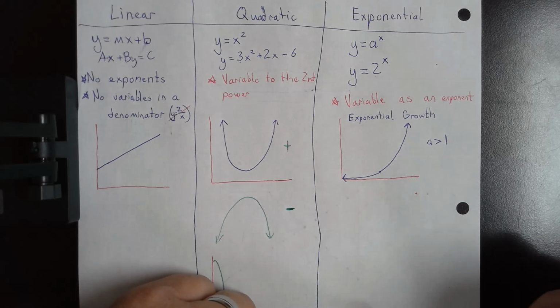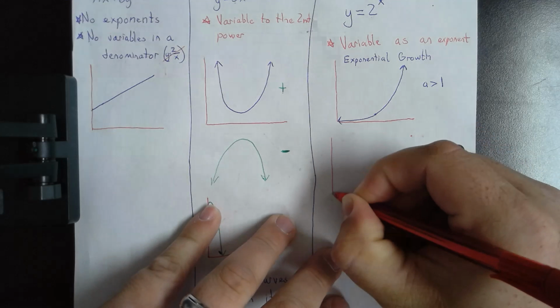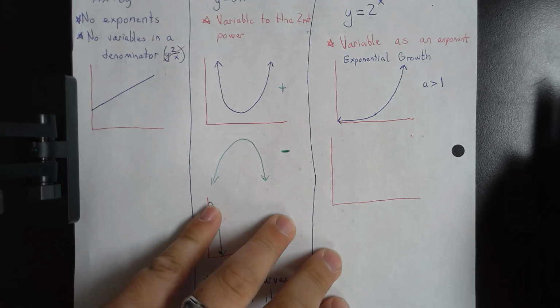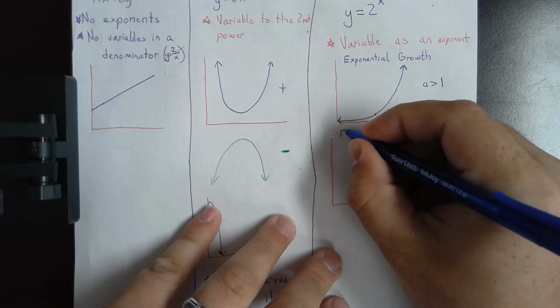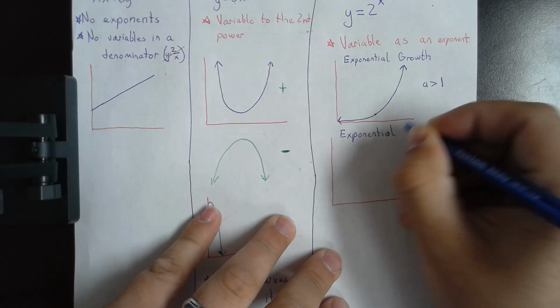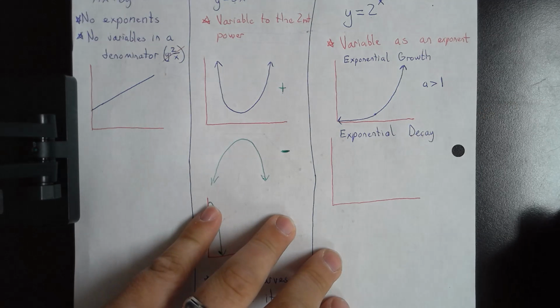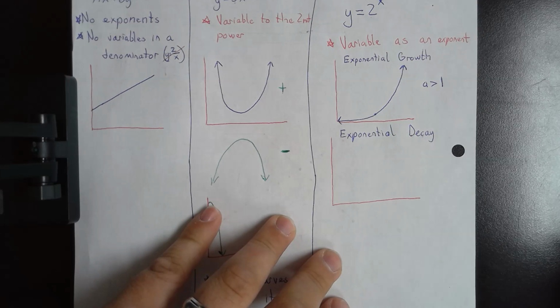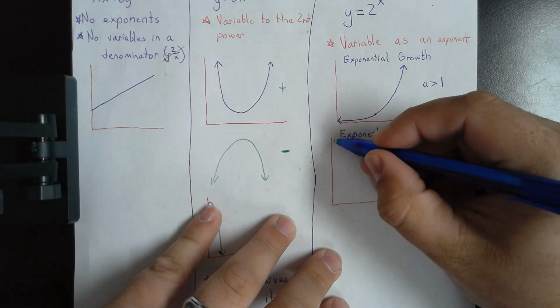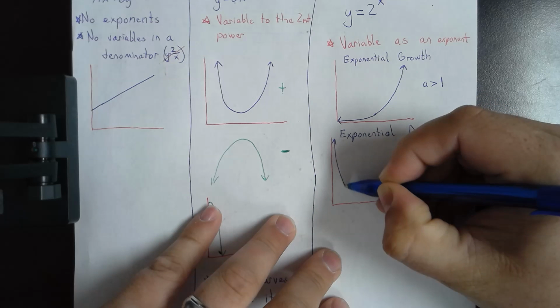Our other form of equation that we're going to see is exponential decay. What do you think that's going to look like? Very good. It's going to start at the top. It's going to start coming down real fast and just level off.